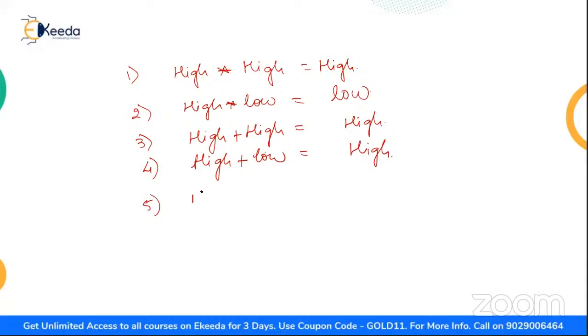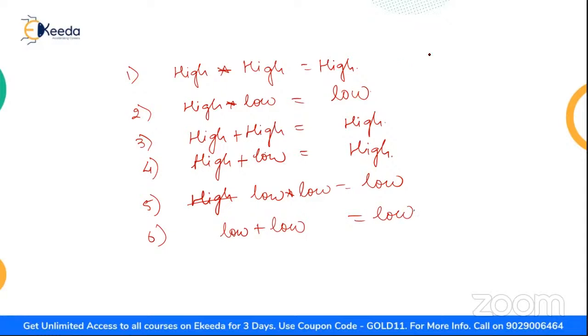You can write down 2 more. Low into low is low. Low plus low is low. What can you denote it by? 0 into 0 is 0, or rather 1 into 1 is 1, because 1 is representing high.